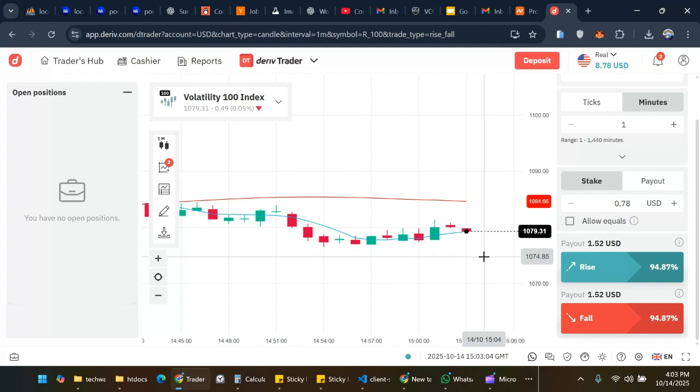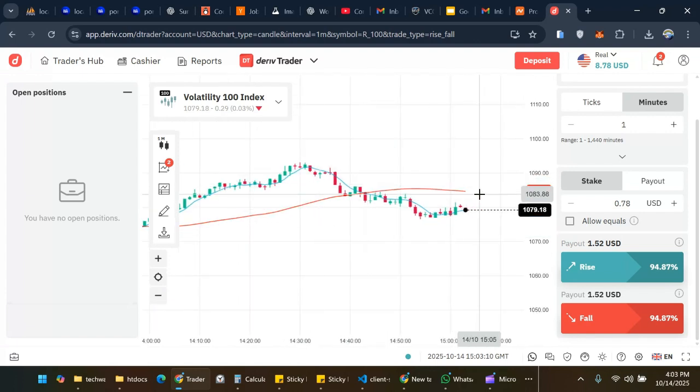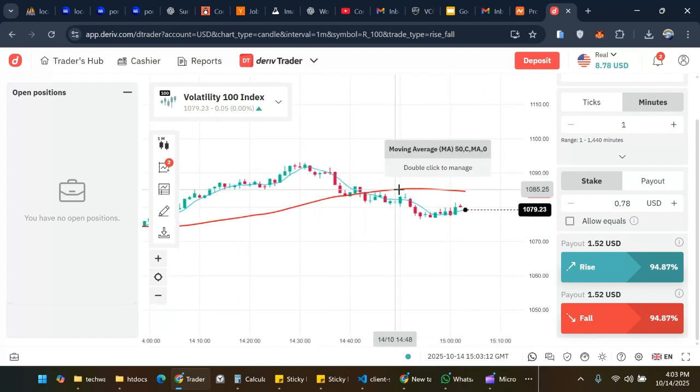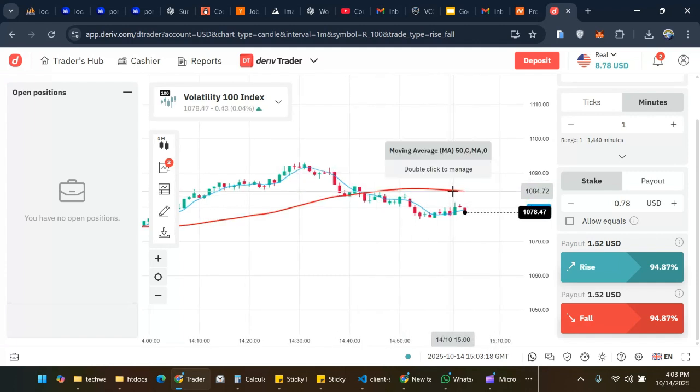So now let's see. Because we are in the downtrend now, and if you look at it, it's not even really a downtrend because the moving average 50 is likely on a straight line, so it's consolidating now. But because we are below moving average 50, we are only interested in selling.